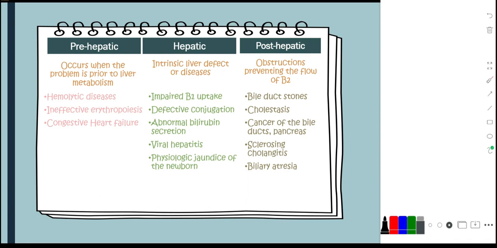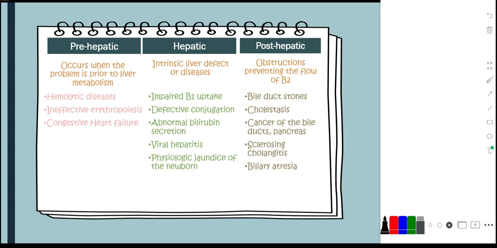And third, abnormal yung kanyang secretion. So, pwede na walang problem with conjugation and secretion, however, mag-accumulate pa rin yung B1 since hindi siya tinatanggap effectively ng liver. Or it could be that B1 is efficiently taken up by the liver pero defective naman yung conjugation or defective yung secretion.